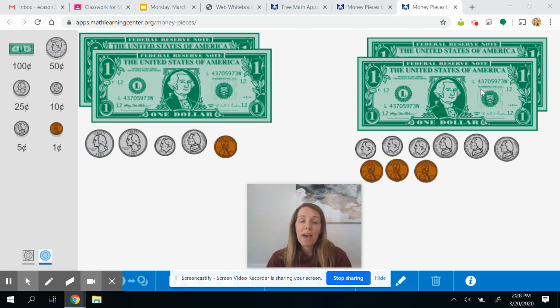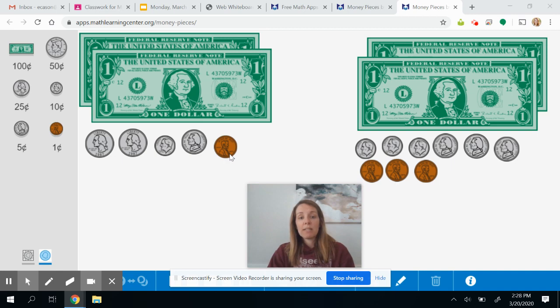Okay, hopefully you've had a chance to count the money and write a comparison statement. So I hope you have your piece of paper beside you, because we're going to now see what you did. So if we look over here, I see a $1 bill and a $2 bill. I see 2 quarters. So this is $2. 2 quarters is going to be 50 cents. Another dime is 60, so $2.60. A nickel is $2.65.